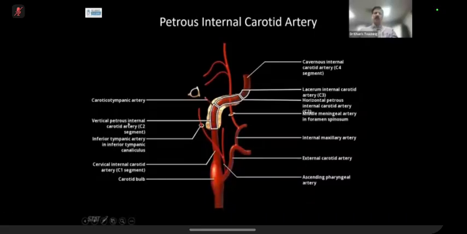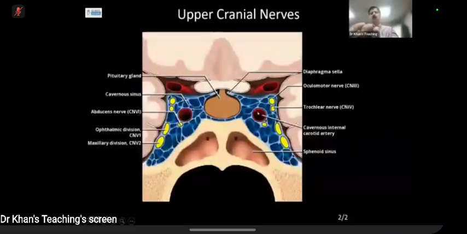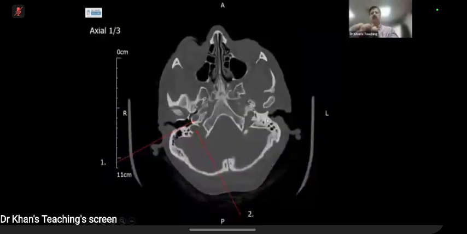This is known as the vertical portion. And then there is a horizontal portion in the carotid canal. And then it passes on top of the foramen lacerum. And then it goes into the cavernous sinus. So you remember that this is where it is passing through the cavernous sinus.